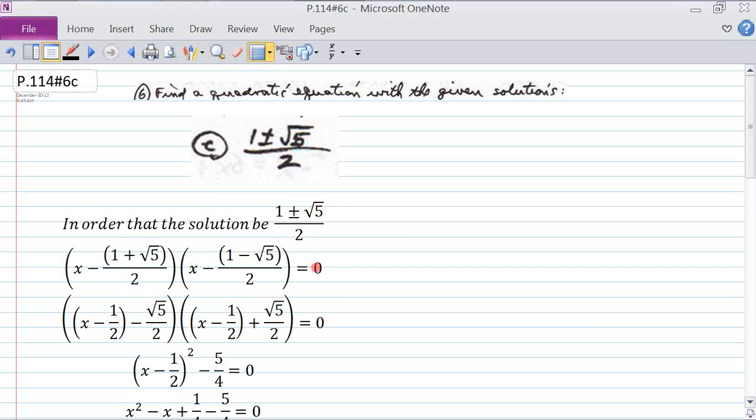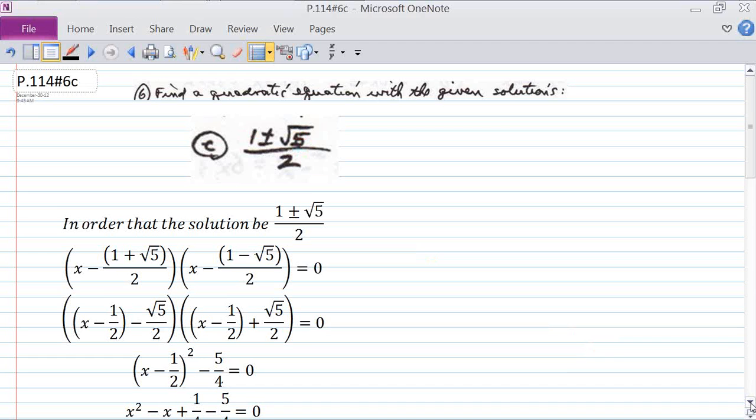You see, if I set this equal to 0, then x equals (1 plus root 5)/2 as one of the solutions, and x equals (1 minus root 5)/2 as the other solution. So the key thing is to go from here to here. Because of the plus and minus, the plus goes here and the minus goes over here. So this is the equation that will give these solutions.